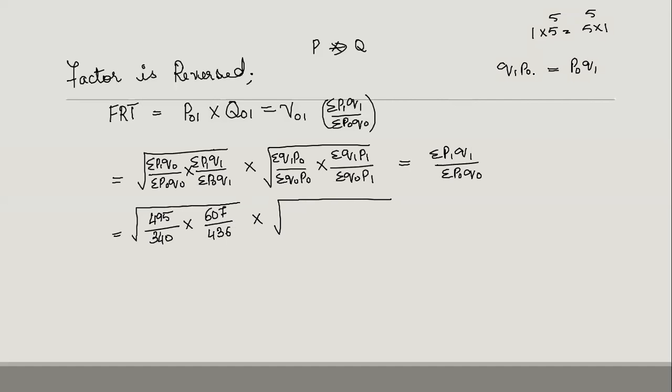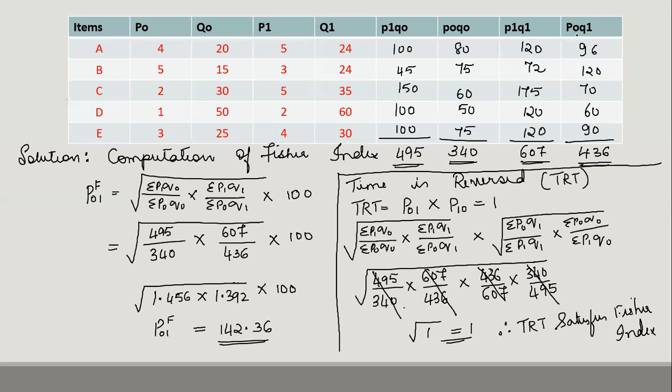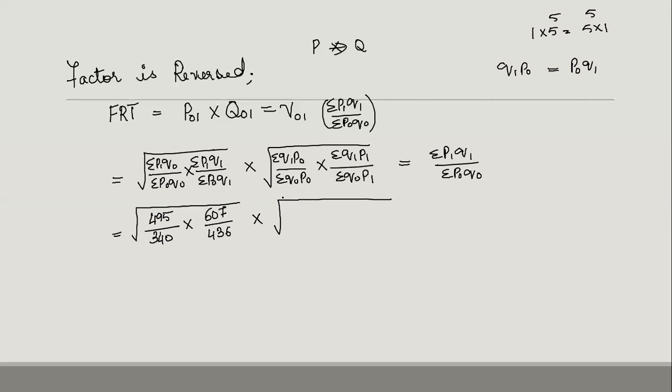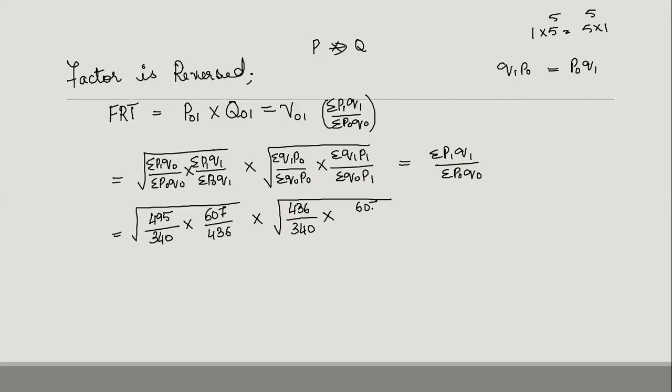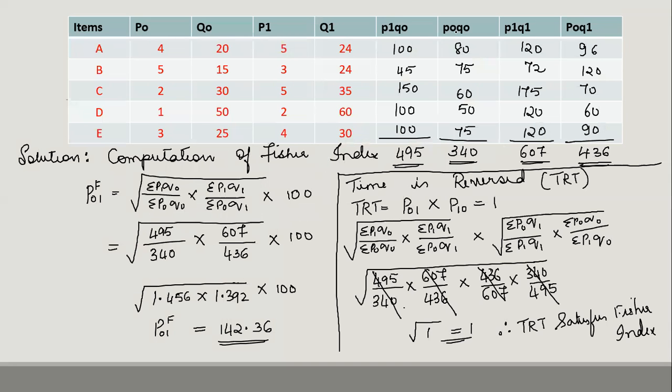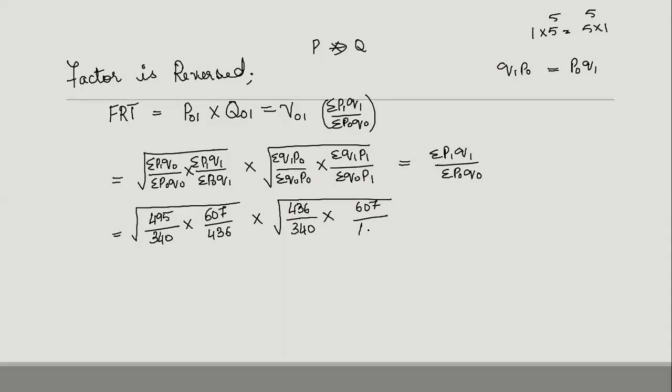So Q1 P0 is 436, divided by Q0 P0, which is P0 Q0, 340, into Q1 P1, which is P1 into Q1, the value is 607, divided by Q0 P1, which is P1 Q0, that is 495.